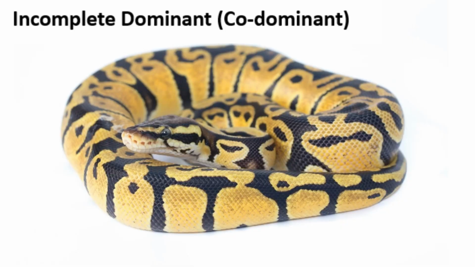Right, so first up we've got Pastel, or Pastel as you say in the US, and this is like the base gene for so many morphs in the hobby. You see it absolutely everywhere, but even if it's common as muck, it's still important to understand what it does. You can see it brightens the snake. This is quite a nice example that I've chosen, and it's got this two-toned yellowish pattern coming on the saddles, like the sides of the snake and the flanks.